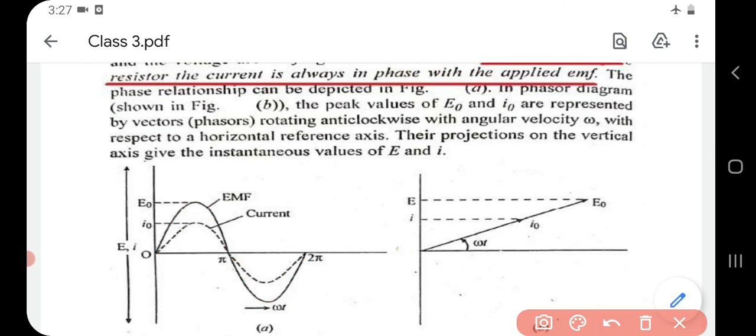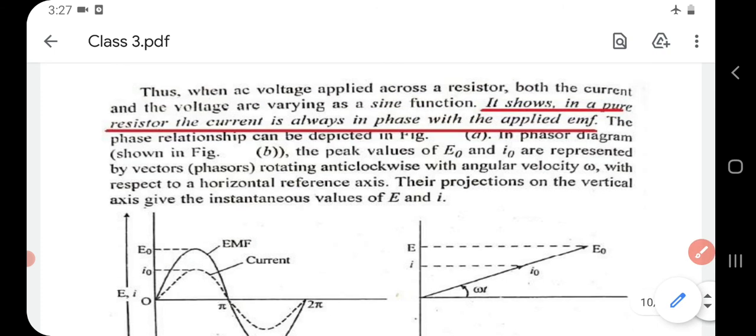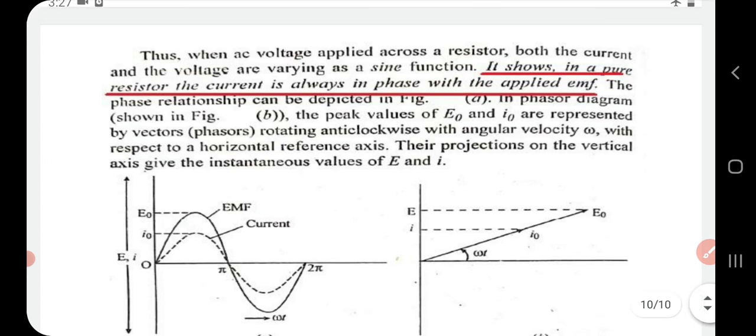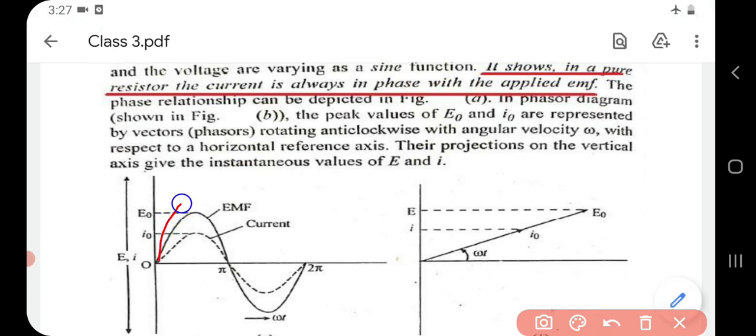Another important point is that in an AC circuit containing only resistance, you can see from the first figure that current is always in phase with applied EMF. There is no phase lag. Both increase to a maximum value, decrease, then increase in the negative direction and again decrease. Similar is the behavior for EMF and current. Both of them are in phase.